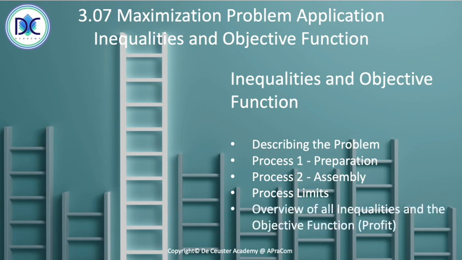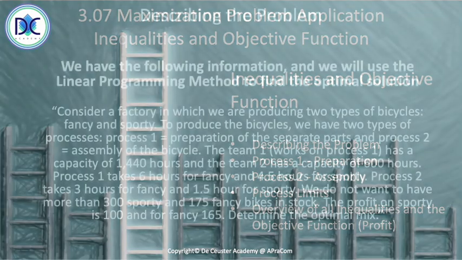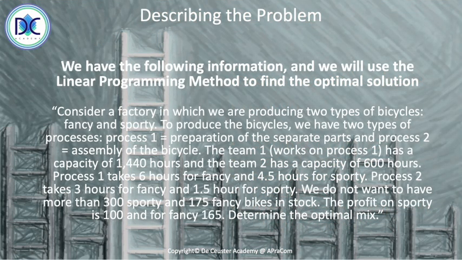So with these 3 points, we're going to find all the relevant linear programming equations or the inequalities. Finally, we'll have an overview of all the inequalities and the objective function. In this case, we're talking about a maximization problem. So let's start with describing the problem.